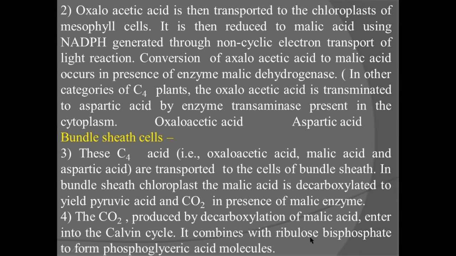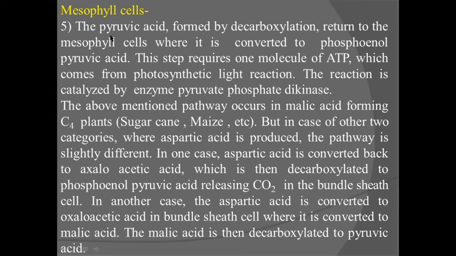It combines with ribulose bisphosphate to form phosphoglyceric acid molecules. And now the pyruvic acid formed during decarboxylation in bundle sheath cell is transported back to the mesophyll cell, where it is converted to phosphoenol pyruvic acid.